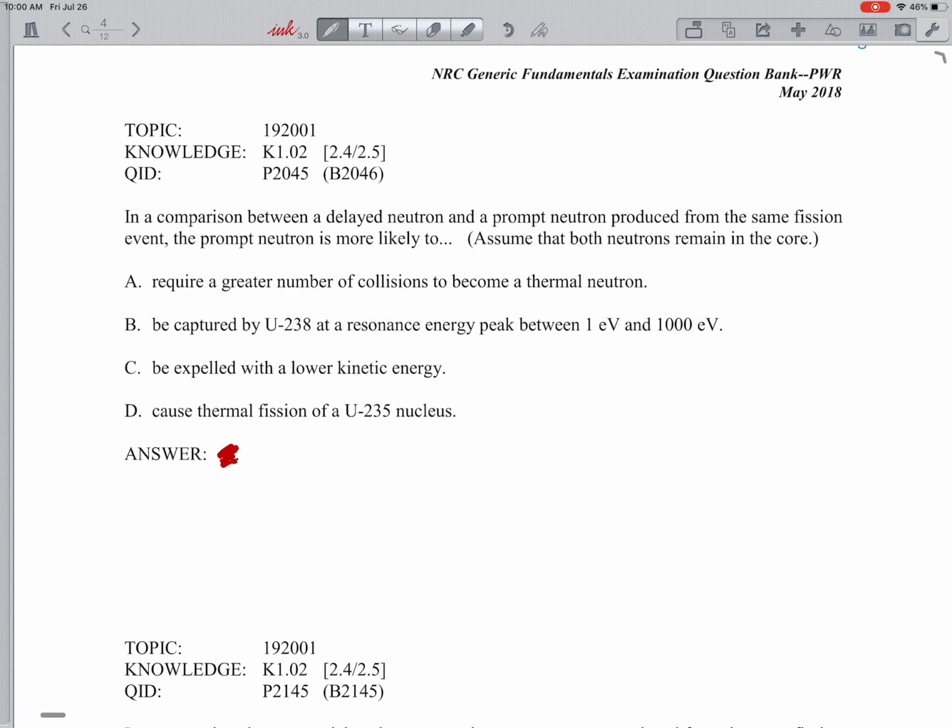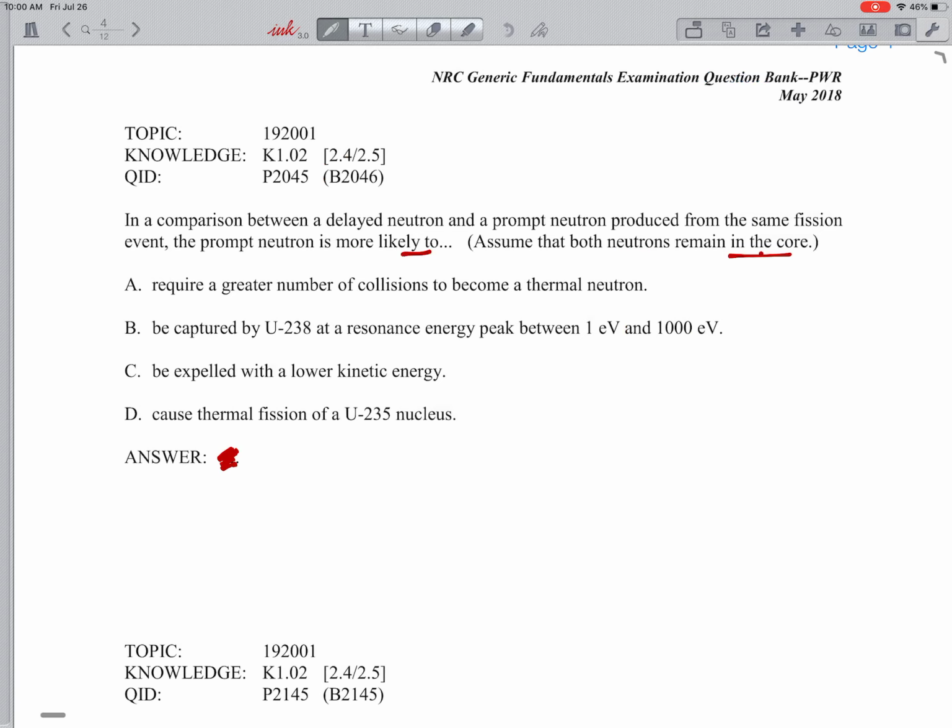Next question. In comparison between a delayed neutron and a prompt neutron produced from the same fission event, the prompt neutron is more likely to, yikes, assume that both neutrons remain in the core. All right, so this is going to be a definition question. A prompt neutron is more likely to require a greater number of collisions to become a thermal neutron. What do we know about collisions?